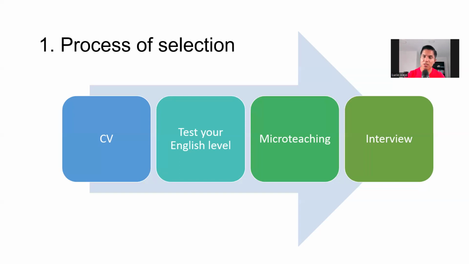This is the first stepping stone. If you don't have this, believe me, you can apply as many times as you can, but you will never get that call. Never. Because like I always say to my students, this is the only way to prove yourself that you have a good command of the language. There is no other way to do that.